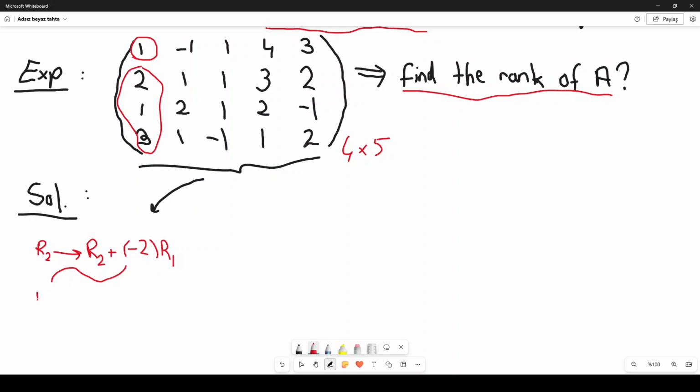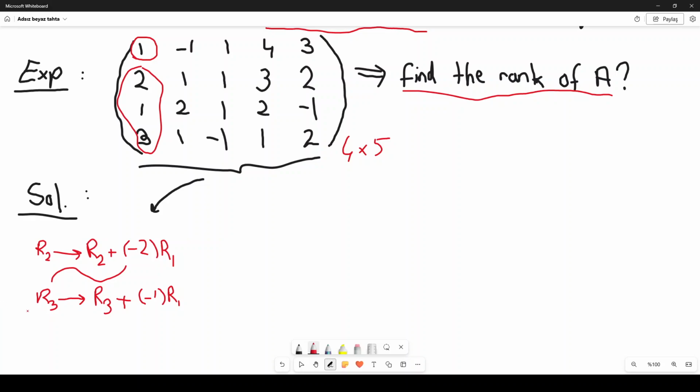And for row 3, what should I do? I should replace row 3 by performing again an elementary row operation, by simply adding row 3 minus 1 times row 1.